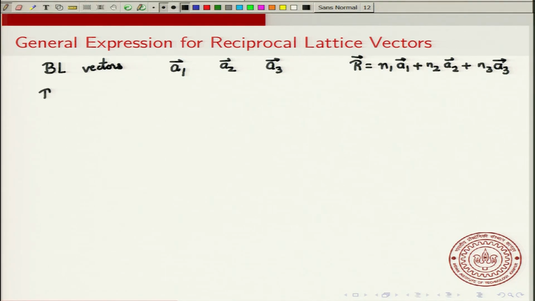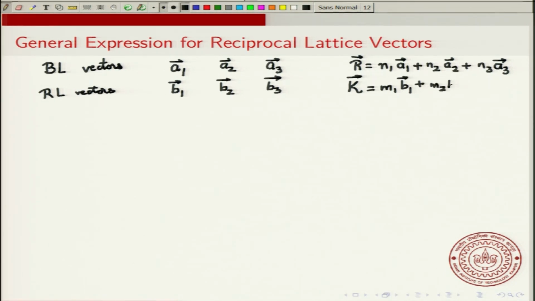Now, for the reciprocal lattice vectors, we will denote them by B1, B2, B3, and basically an arbitrary reciprocal lattice vector K can be written as a linear combination of B1, B2 and B3.